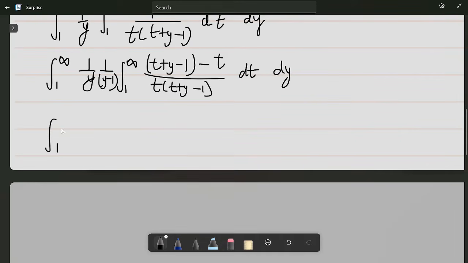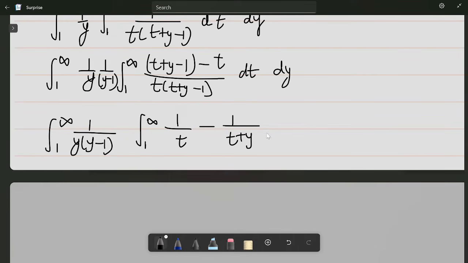So the integral from 1 to infinity of 1 by y times (y minus 1), and the integral from 1 to infinity of 1 by t minus 1 by (t plus y minus 1), dt dy.